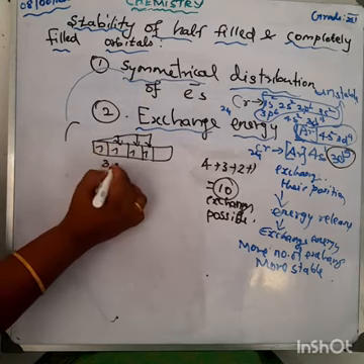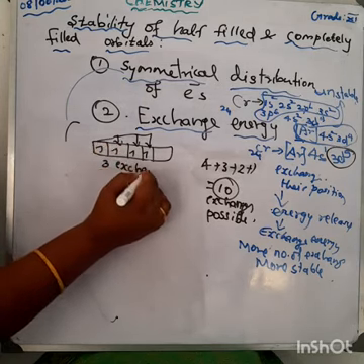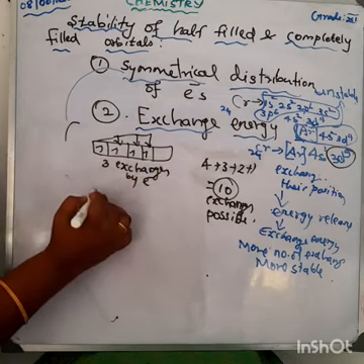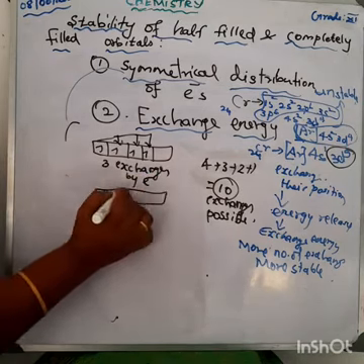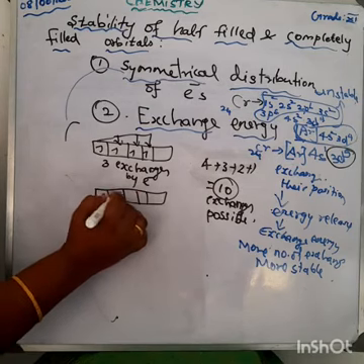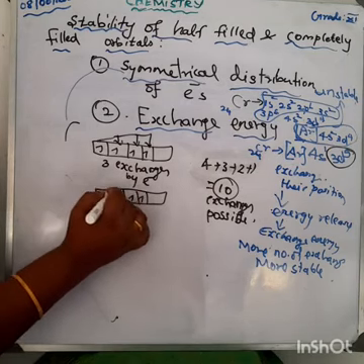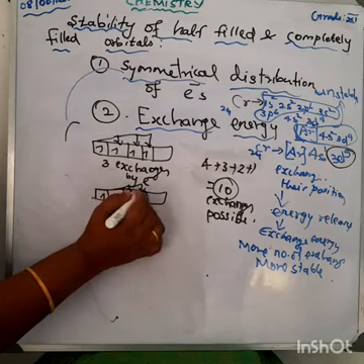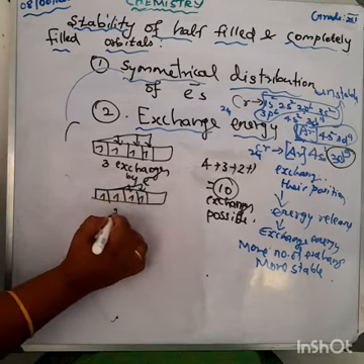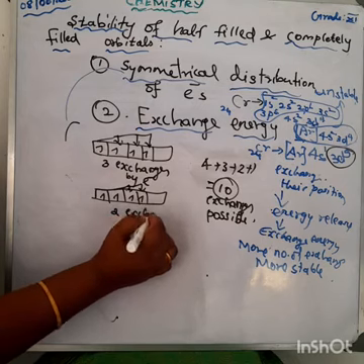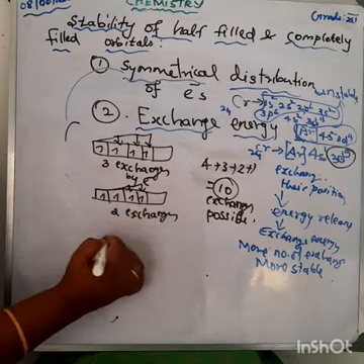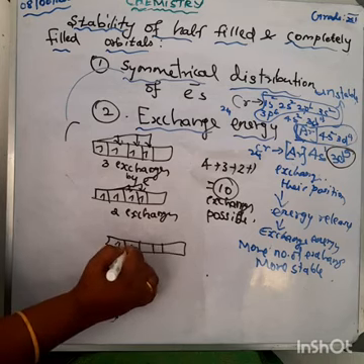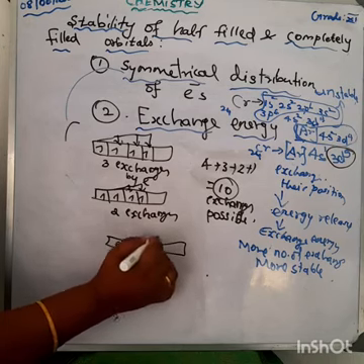For the next electron, only 2 exchanges are possible. For the next electron, only 1 exchange is possible.